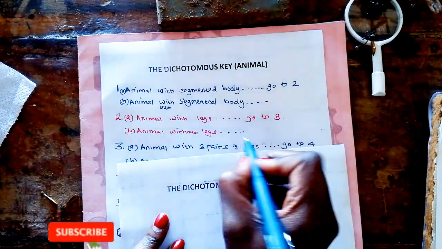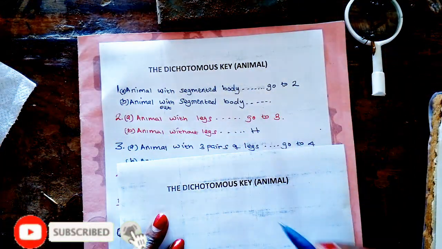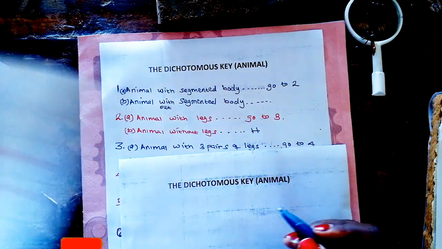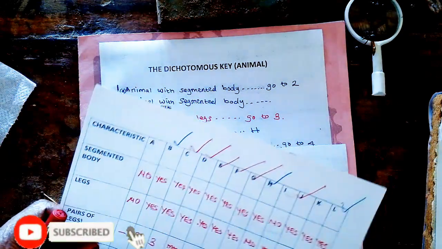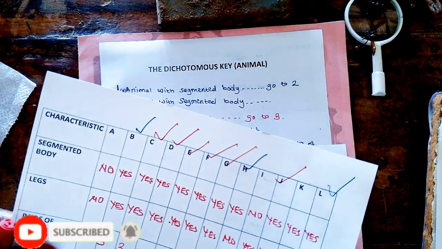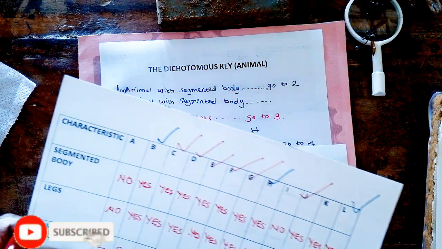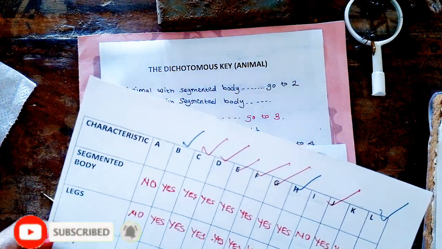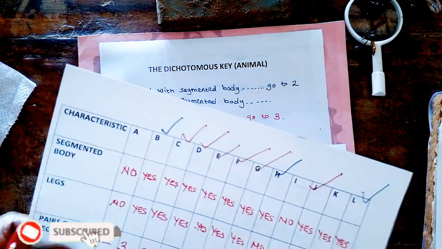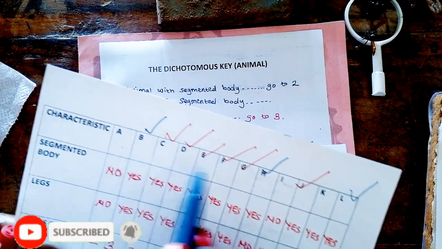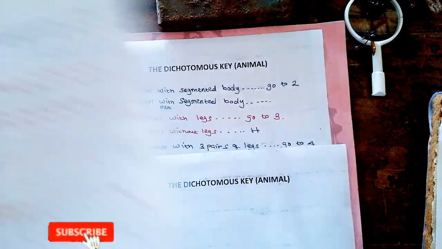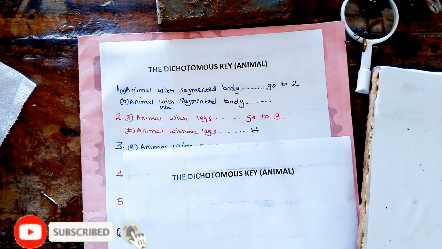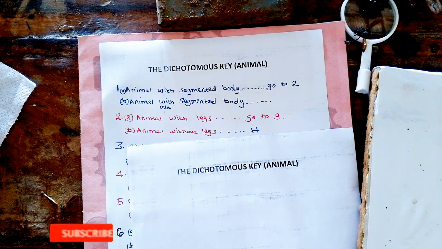So H, we should have identified there. So H, identifying. See guys, we are done. We are left with A, I, and K. Oh, and K, okay?